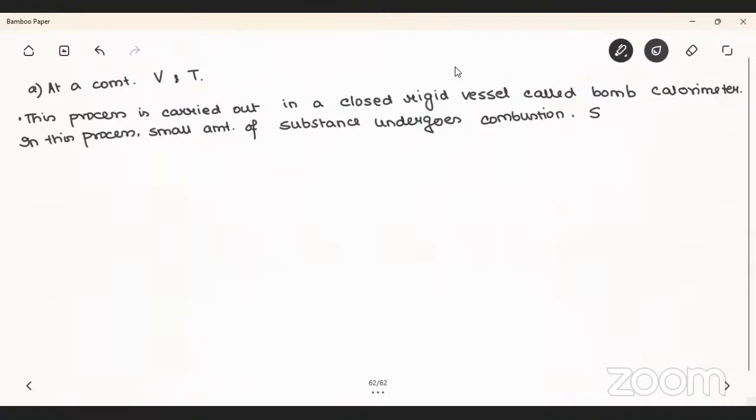So the temperature outside the system... what is our system?